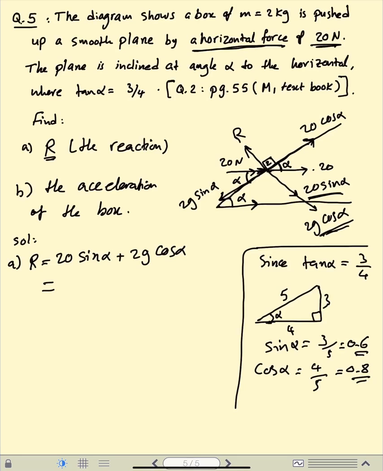Then you just calculate: 20 times 0.6 from this triangle plus 2 times 9.8 times 0.8, which is 27.7 newtons to 3 significant figures.